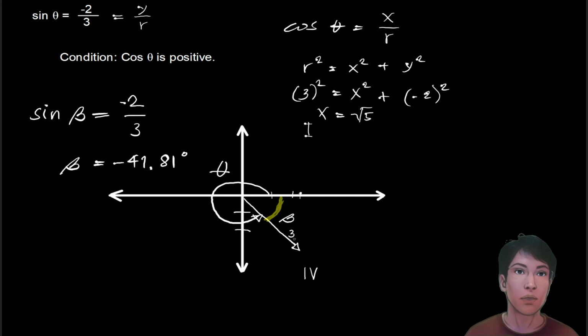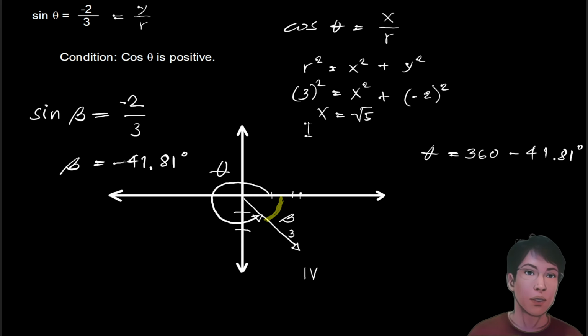So again, reference angle 41.81, and angle theta is simply 360 minus the reference angle 41.81. I am disregarding the negative sign over here, since it only indicates that the angle lies in quadrant 4.